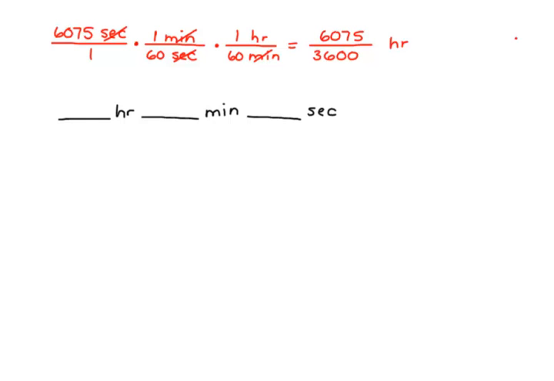So when we have to break it apart that way, we're going to be doing a lot of division. So we're going to go 6,075 divided by 3,600. Okay, so that means that that's going to go in one time.